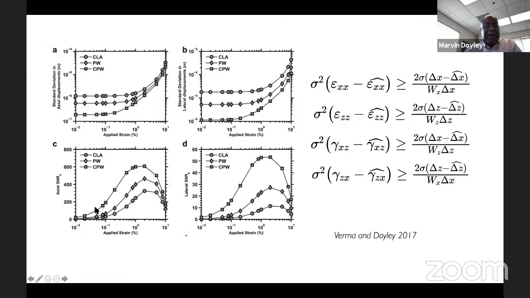You can see compounding plane wave is much higher than the conventional, and it is the least uncertain. We'll use this information on a pixel by pixel basis to weight our least squares.